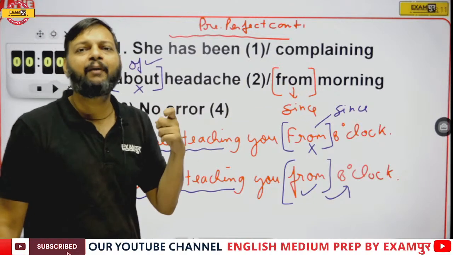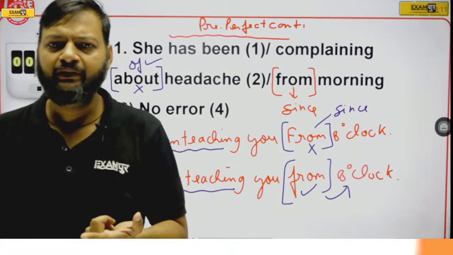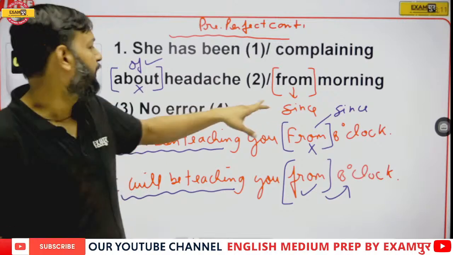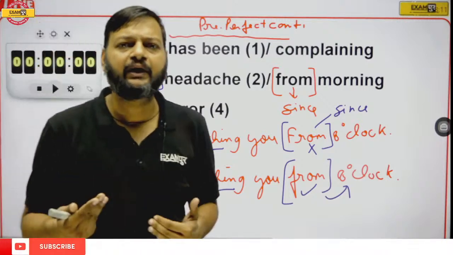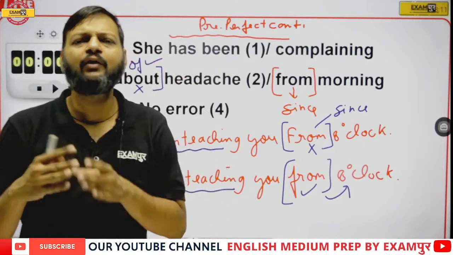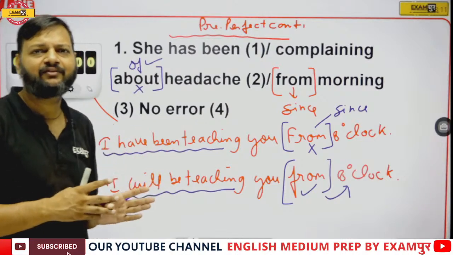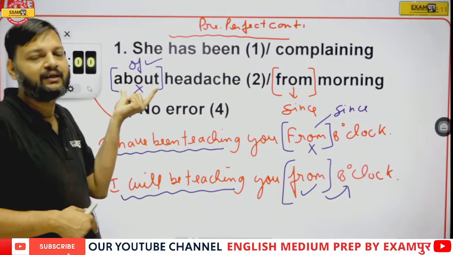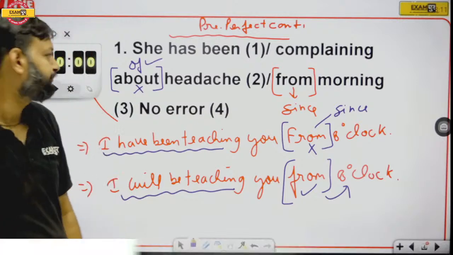Because complaining about is not wrong, but this one is wrong. Complaining about is right, however it is not very appropriate. So if this question is asked in an examination, you can avoid this mistake. Right? And from will be replaced by since.